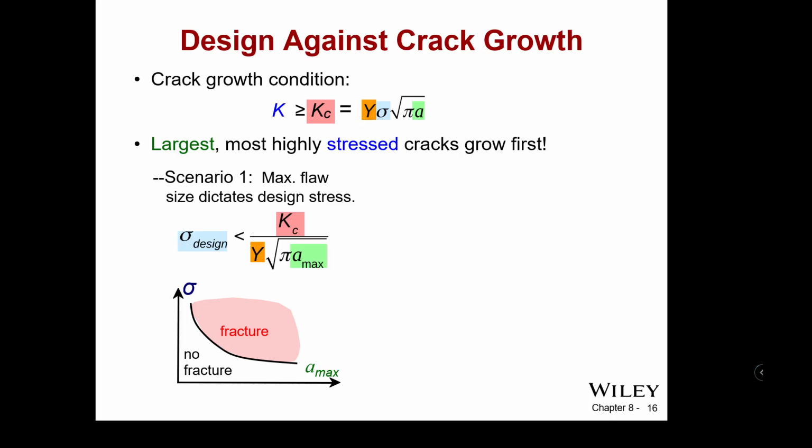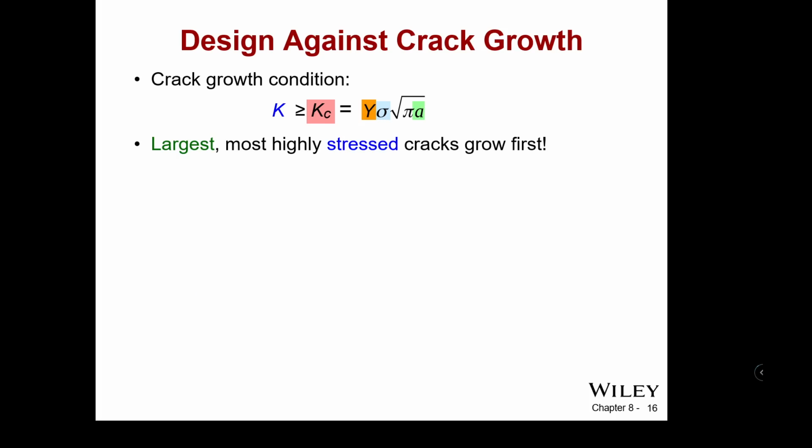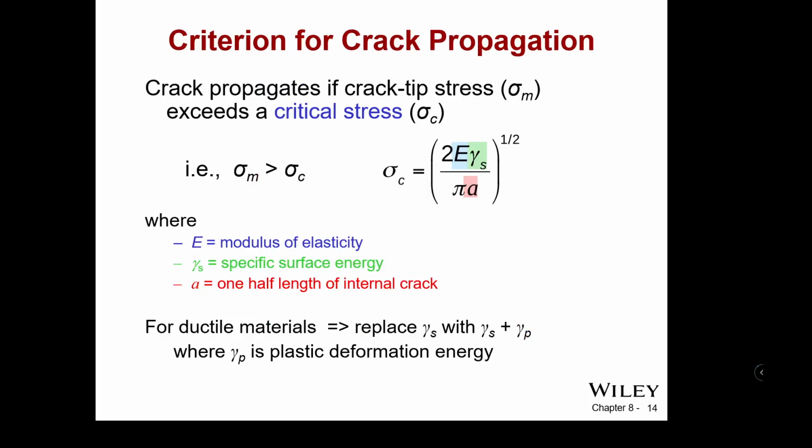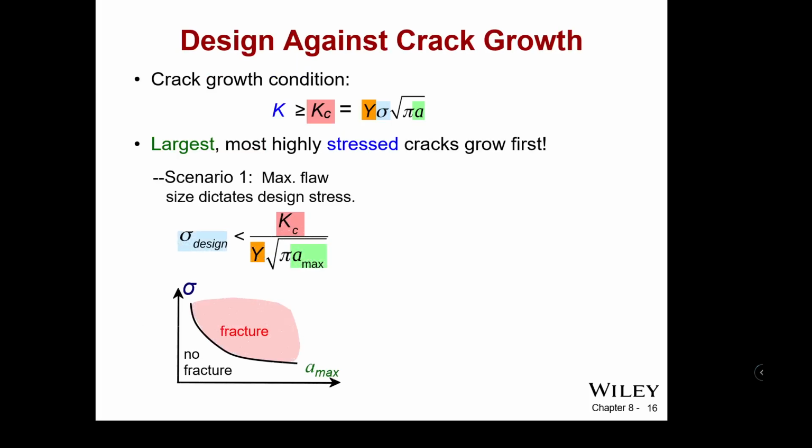So your design stress is this Kc, this critical value for stressed cracks, divided by this modulus times the square root of pi a, with a max being, just like we saw here, the half length of the crack.